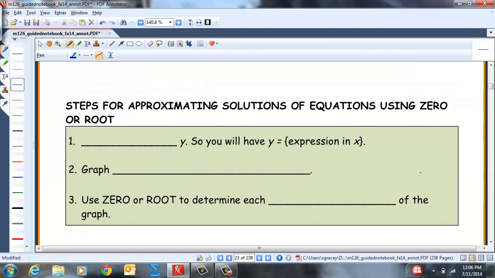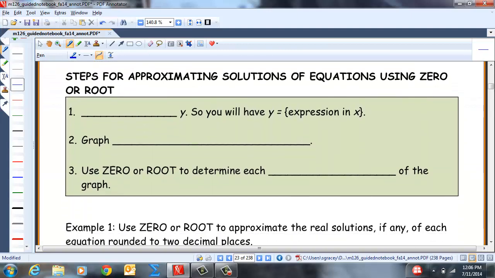So let's check this out. Now, there's a couple ways you can look at this first step. Like in our warm-up problems, you could isolate y. And then, I should have added this in, you'll have y equals some expression in x. And then if we call this 1a, right?